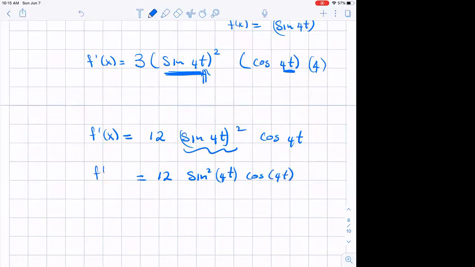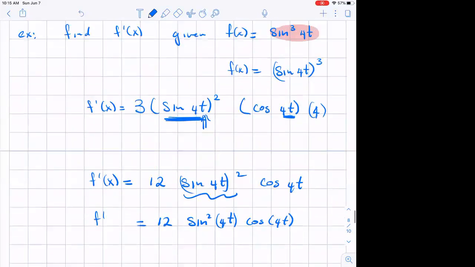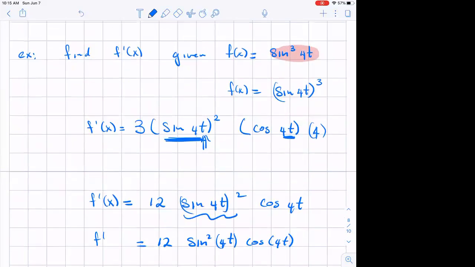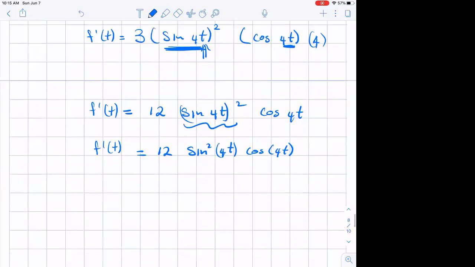And that's our final answer for it. Actually, I keep writing t, it's supposed to be x, right? So let's change all of these. We can say find f prime of x, and the function is a variable of t.